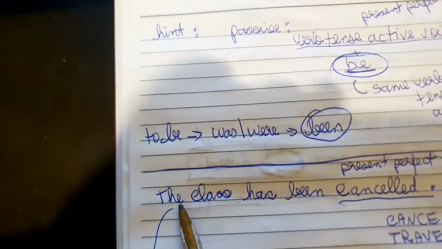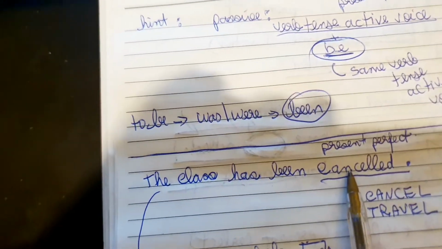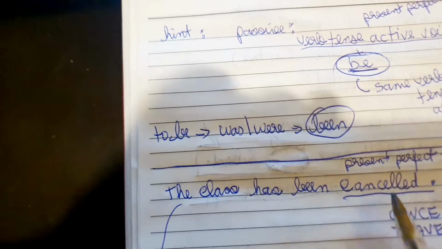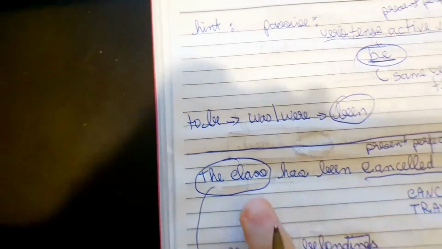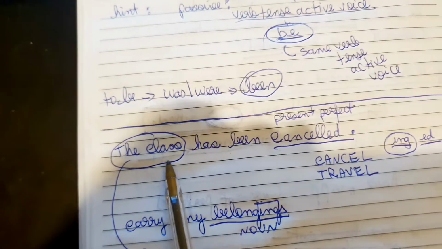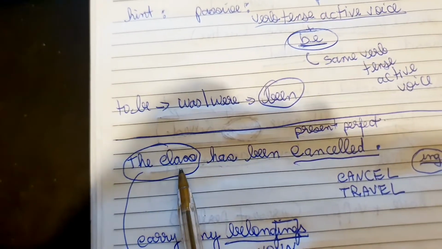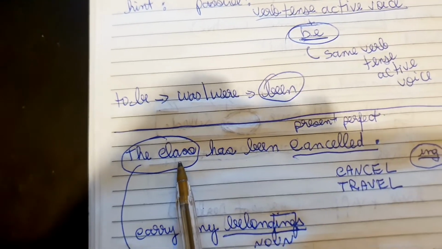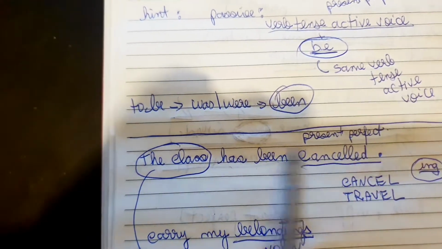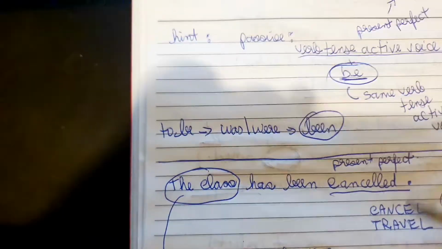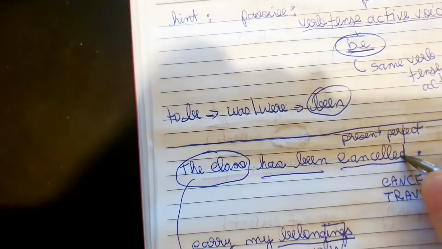Okay, so is this the active or passive voice? The class has been canceled. The class, is it the doer of the action? No. The class itself doesn't do anything. The class is the receiver of the action. It's a passive voice we have right here. Has been canceled.